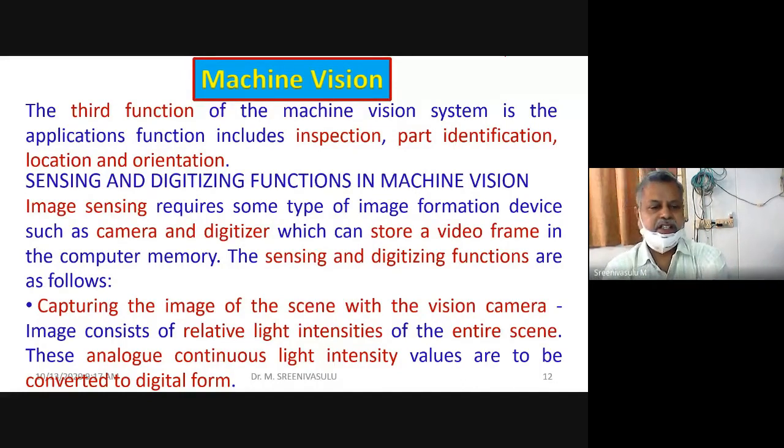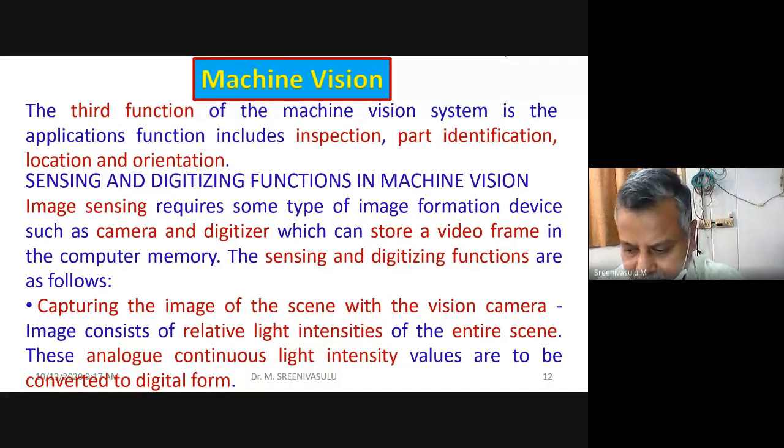And the next area is actually sensing and digitizing functions in machine vision. Image sensing will be requiring some type of image formation device, something like camera and digitizer. Together, nowadays, digital camera, when you try to take up, that is actually acting as a camera come digitizer.